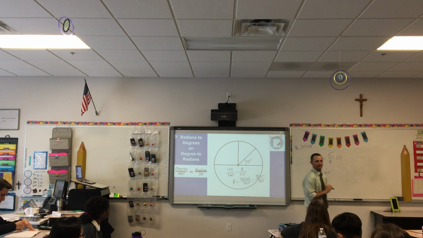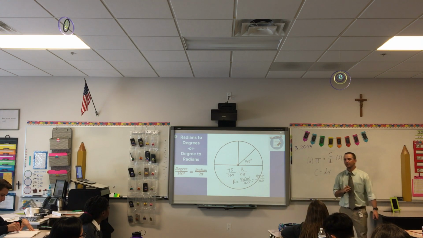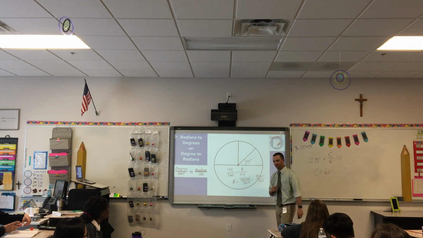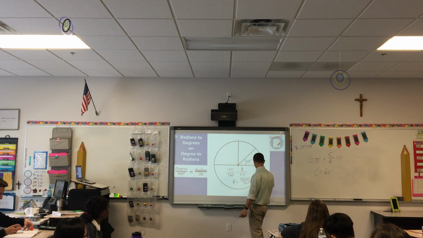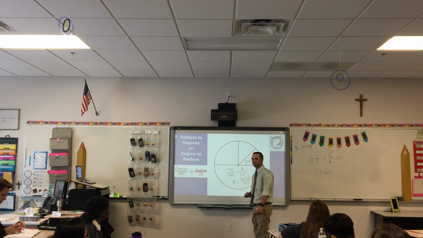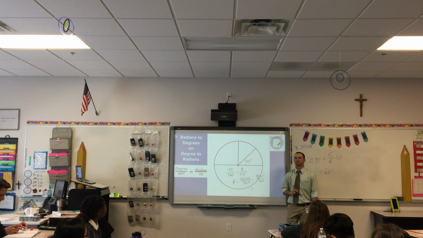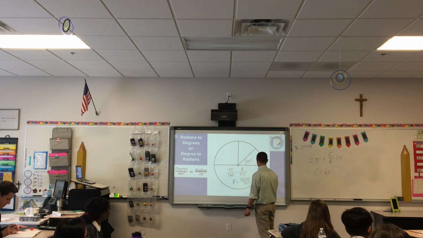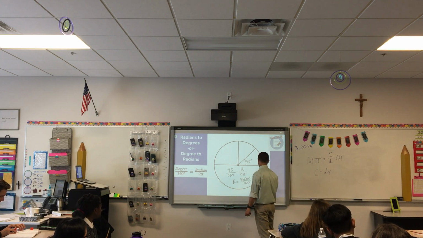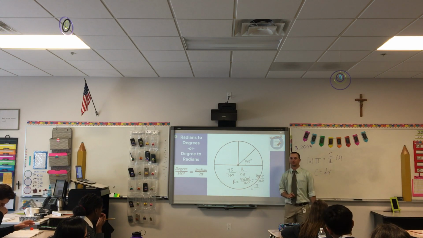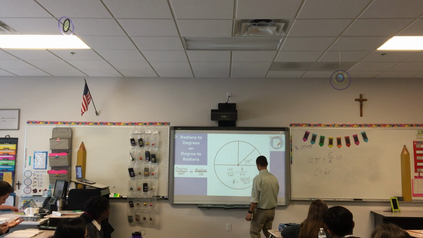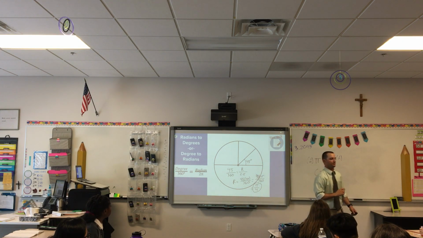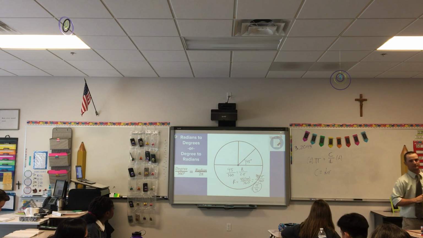Can I simplify that at all? Yes. By what? 30? Or 90. Yeah, 360 is divisible by 90. Let's do 90. So on top, if I divide by 90, the 90 goes away, so I get pi on top, and 360 divided by 90 is 4. So 45 degrees is the same thing as pi over 4 radians.